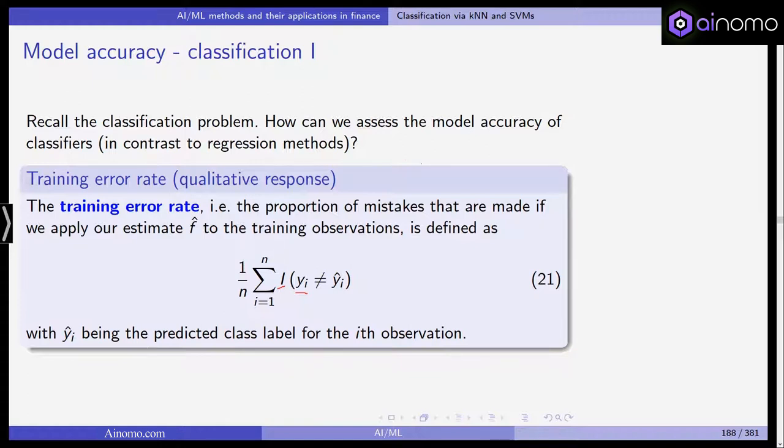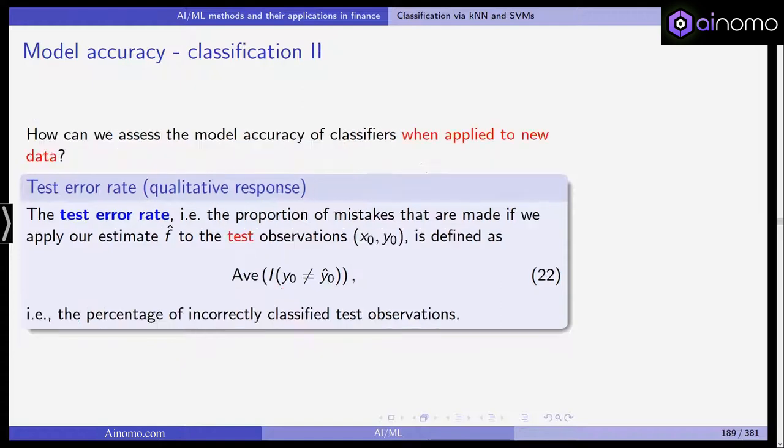In time series terminology, we would say in sample, and then it's clear that we can also look at the out of sample predictive performance, and this here in statistical learning is called the test error rate. The test error rate looks at the model accuracy of a classifier when the classifier that has been fitted is applied to new data.